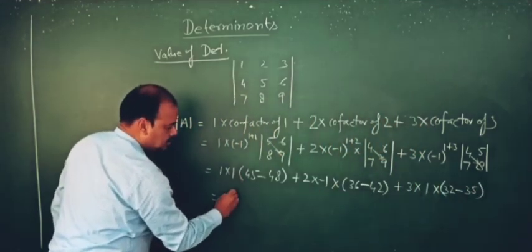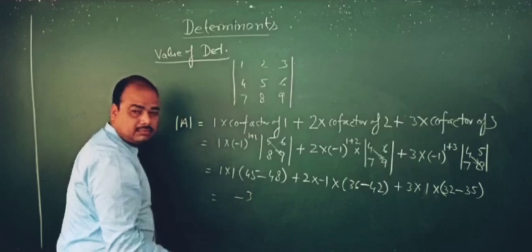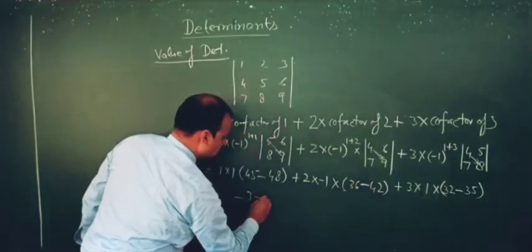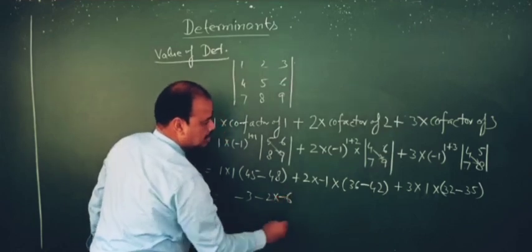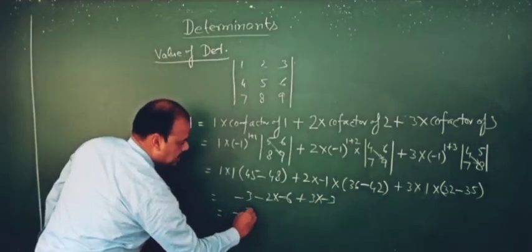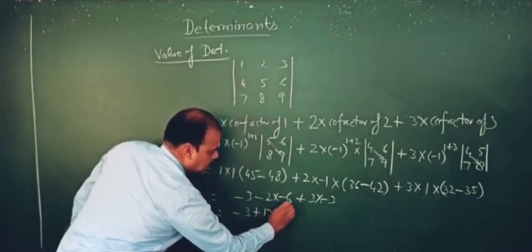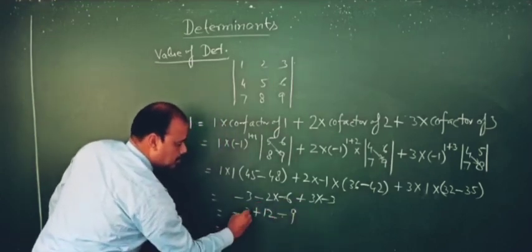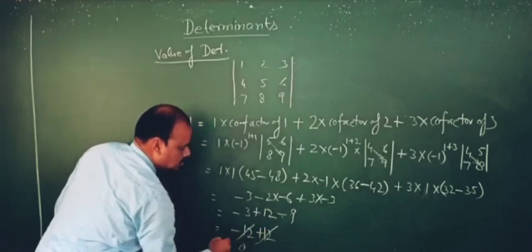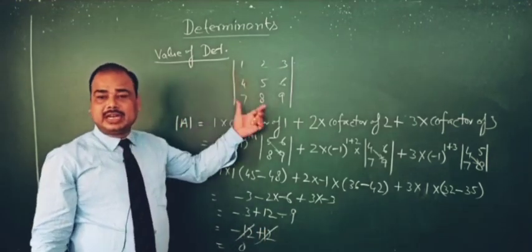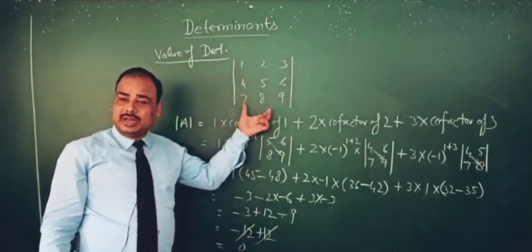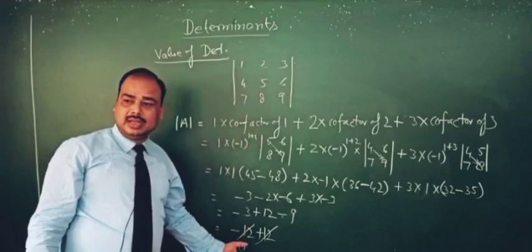So 1 into negative 3 equal to negative 3, negative 2 into negative 6 plus 3 into negative 3, so negative 3 plus 12 minus 9, so negative 12 and plus 12. So the value of this determinant will be 0. That is the way to evaluate a determinant as a single unit.